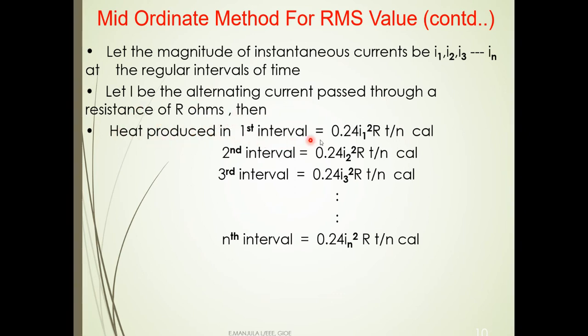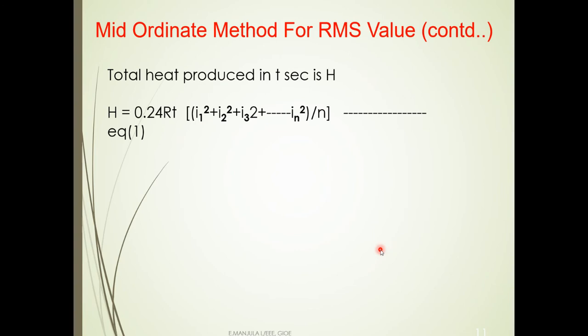Then the heat produced in the first interval is 0.24 I1 square R T by N. The 0.24 factor comes from the conversion between AC and DC heat. The second interval is 0.24 I2 square R T by N, the third is 0.24 I3 square R T by N calories, and likewise till the nth interval, which is 0.24 In square R T by N calories.